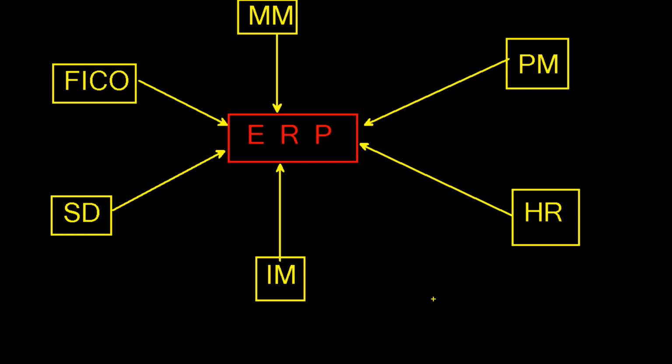Coming to S4 HANA, that is also an application, one of the SAP applications. But HANA alone is different, that is a database. Only HANA is a database. S4 HANA is an application.